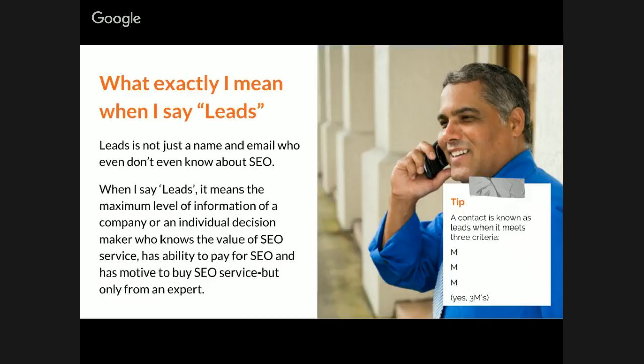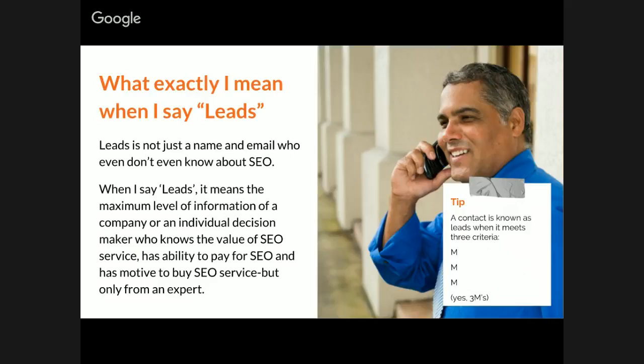In your case, as you are an SEO expert, when I say leads, it means the maximum level of information of a company or an individual decision maker who knows the value of SEO service. So first aim, the matchmaking is done. A person who doesn't know anything about SEO, you should not go to him and talk to him, explaining what is SEO, the benefits of SEO, and a hell of a lot of things, sparing 1 or 2 hours of talk for 3 times in the whole month, spending 6 to 8 hours of your labor, and then also the client is not knowing about SEO.